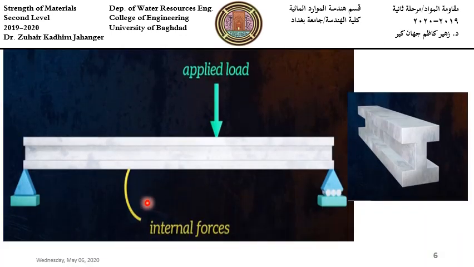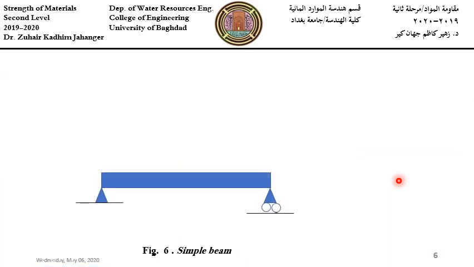Look at this simple supported beam. Let us discuss the internal forces caused by the applied load, if the cross section of the beam is an I section as shown in this figure. The simple supported beam shown is supported by hinge and roller, and there is an applied load here.